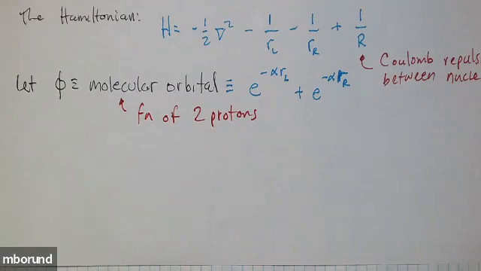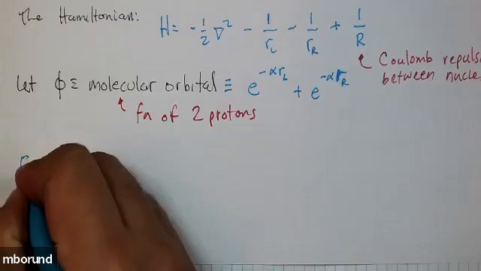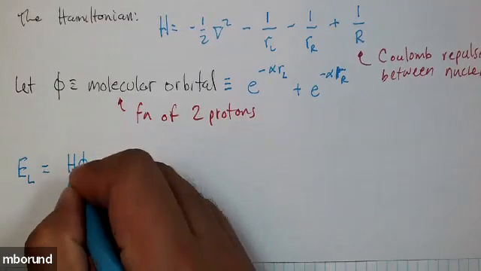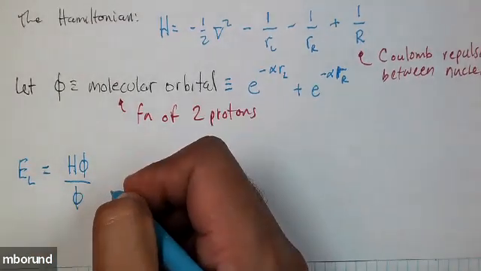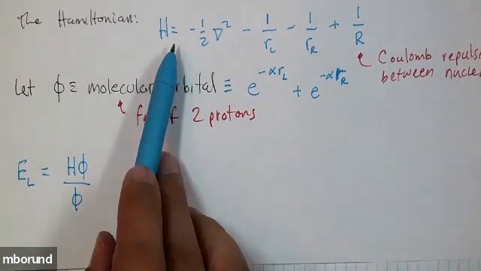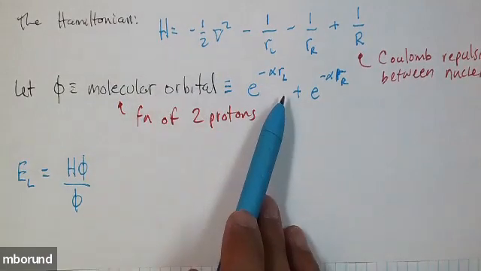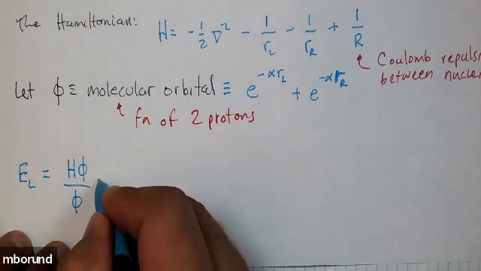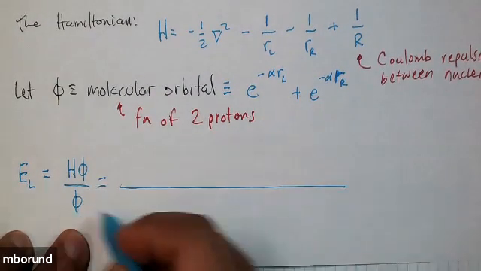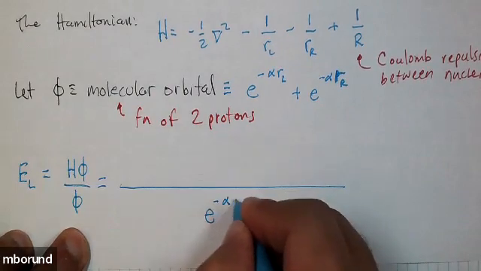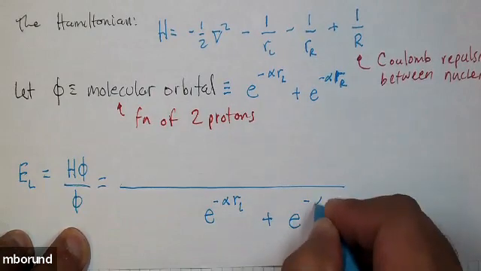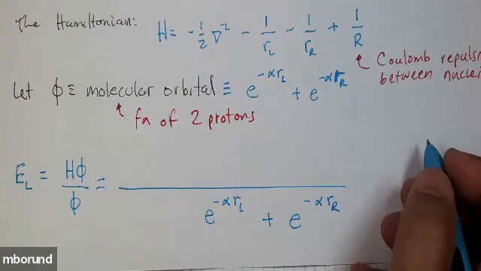So we start solving for this. And we have that the energy is given to us by this monster, right? I have my Hamiltonian up here. I have my wave functions here. I just have to do those two parts in there. So on the bottom, I just have this one and this one.